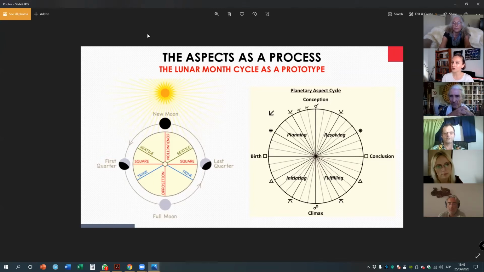But how do we get there? There are 2 more steps before we get to the first square, if we want to meditate on that a little. My point was the semi-sextile. What is that semi-sextile about? Starting in the first stage of the lunation cycle, we see the moon a little bit now, we can see the outline of the moon.